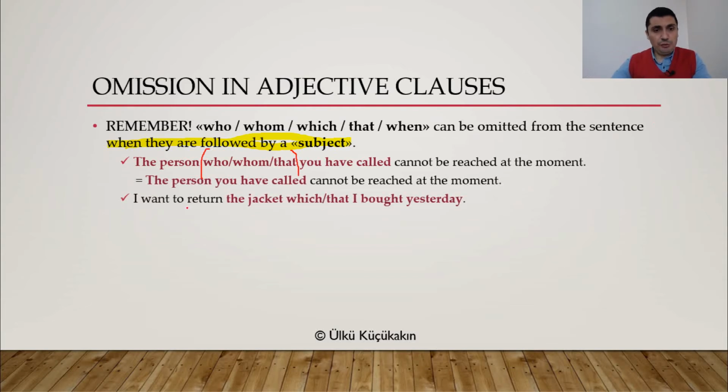Or, I want to return the jacket that I bought yesterday, which I bought yesterday. Which and that can be omitted because we have another subject that comes here. Yes, like in our previous example, we had you here, so you could omit these 3, right? And in the second sentence, we have I here, another subject, so we omit which and that, and we have: I want to return the jacket I bought yesterday.